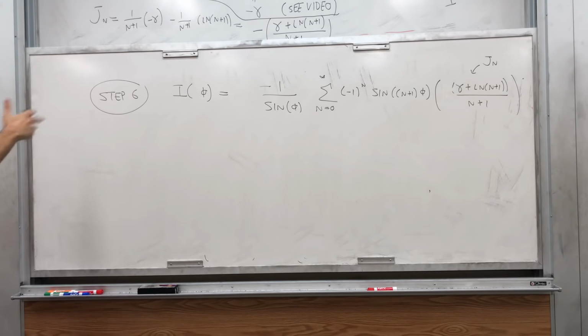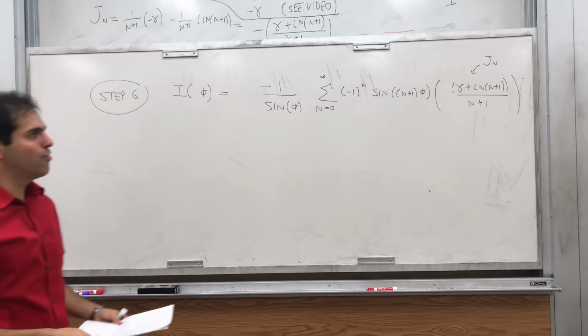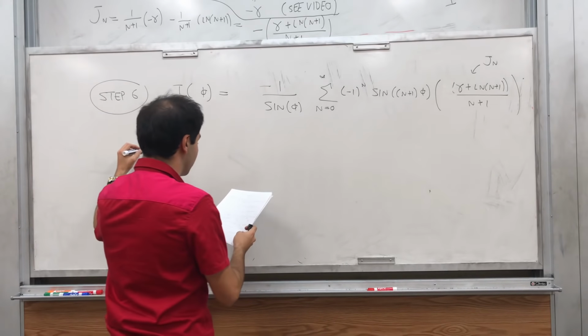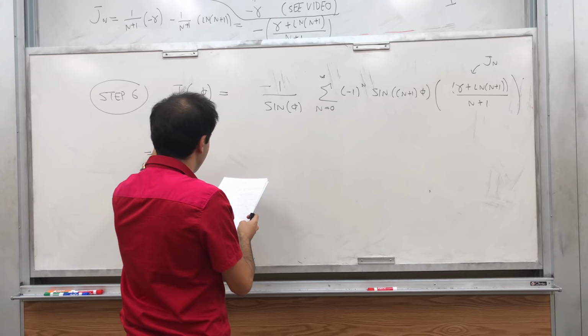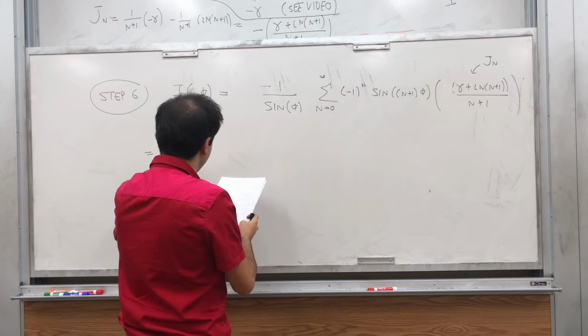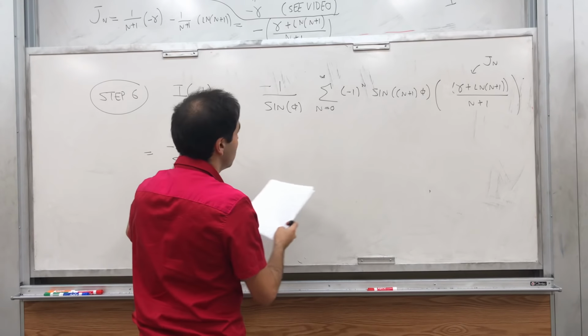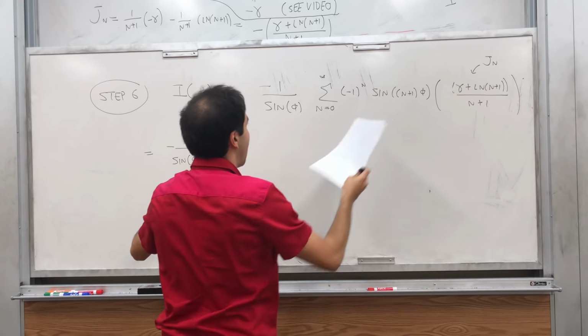And just like foiling out was useful before, let's also foil out that expression. So this equals minus 1 over sine of phi times. So let's see, gamma.